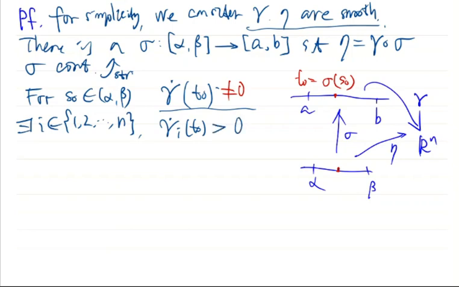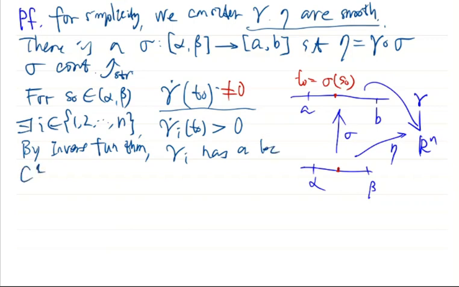So by the inverse function theorem, gamma_i has a local C1 inverse, denoted by gamma_i inverse, near t0, that is sigma of s0, near this point.